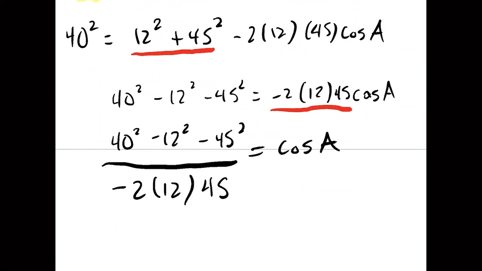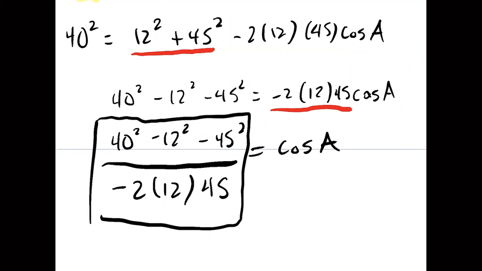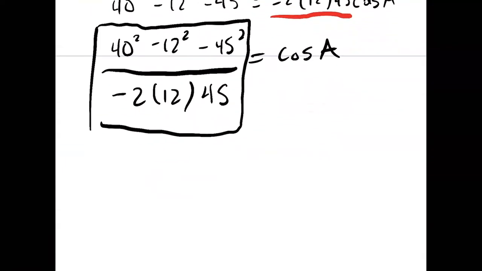There's a lot of numbers here. But instead of showing you this calculation, I'll let you do that on your own. And what you should get from the result of this calculation is about 1.0159 is equal to cosine of A here.